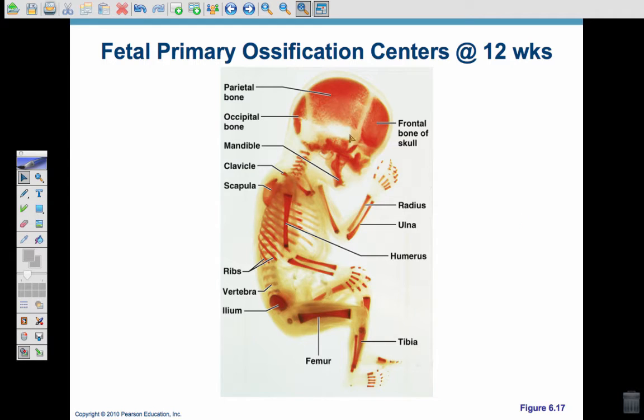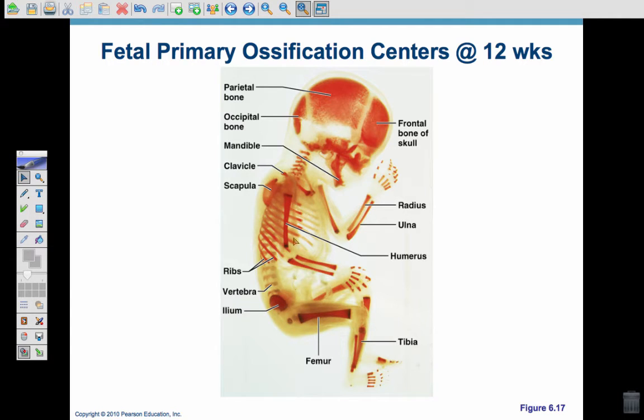This is simply an illustration using a particular stain that identifies the primary ossification centers in a 12-week-old fetus, and it's quite remarkable to be able to see the basic structure of the human skeleton visible this early in development.